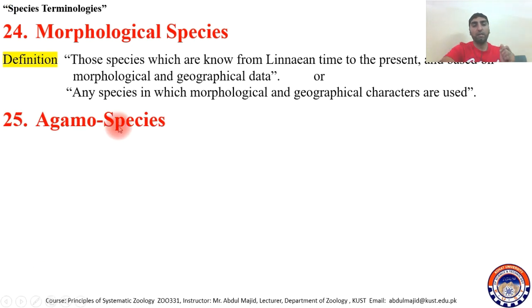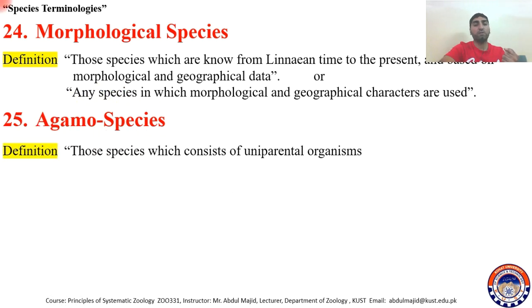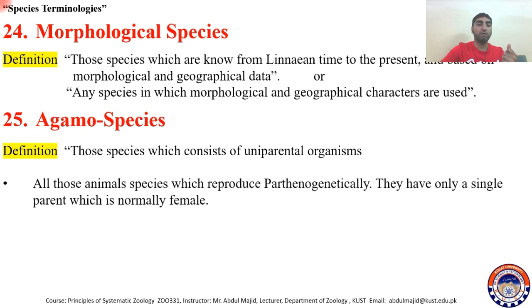Then there is agamospecies. Agamospecies are those species which consist of uniparental organisms. Uniparental organism means uni means one, and parental means parent.